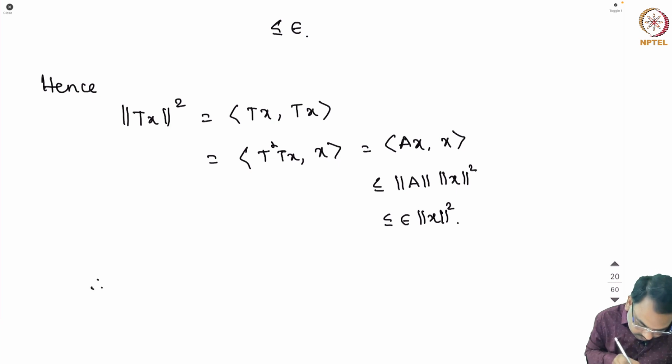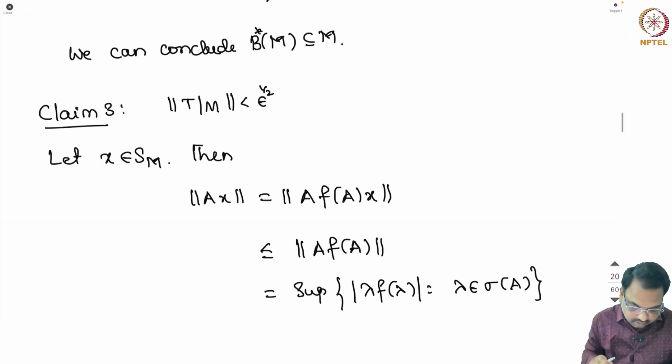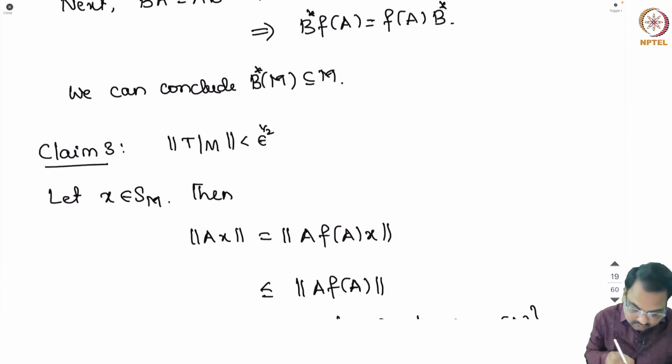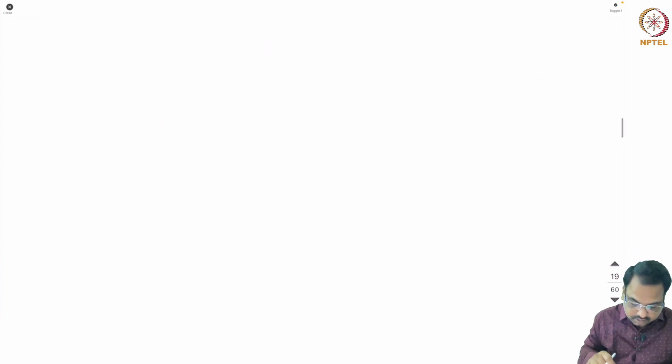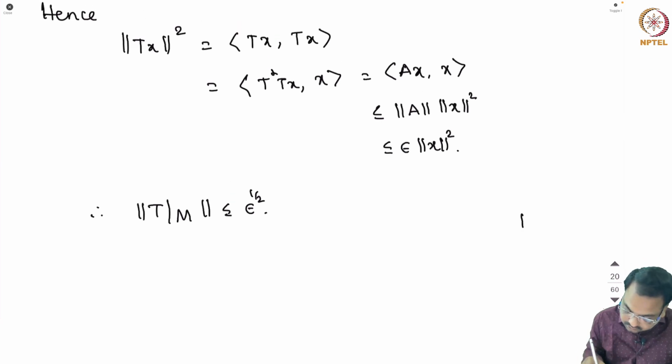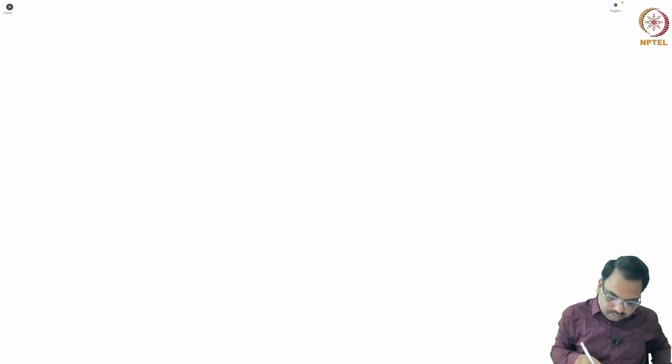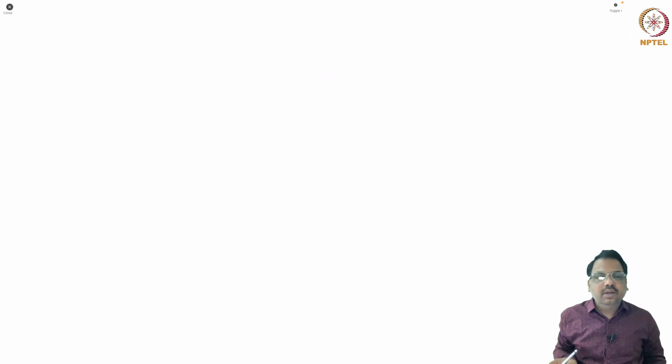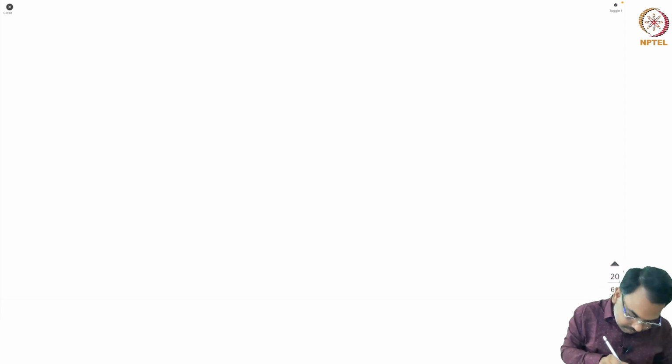So, we can conclude that norm of T restricted to M is less than or equal to square root of epsilon. Okay. So, this completes the proof of this lemma. Now, using this lemma, we want to show the spectral mapping theorem for polynomials. Okay. Now, let us look at the proof of the theorem.